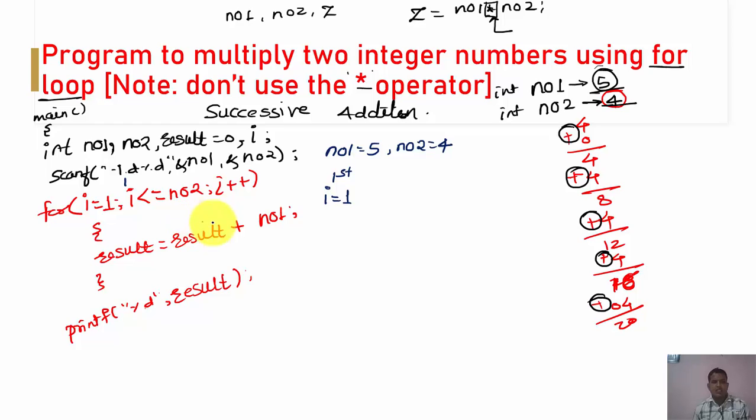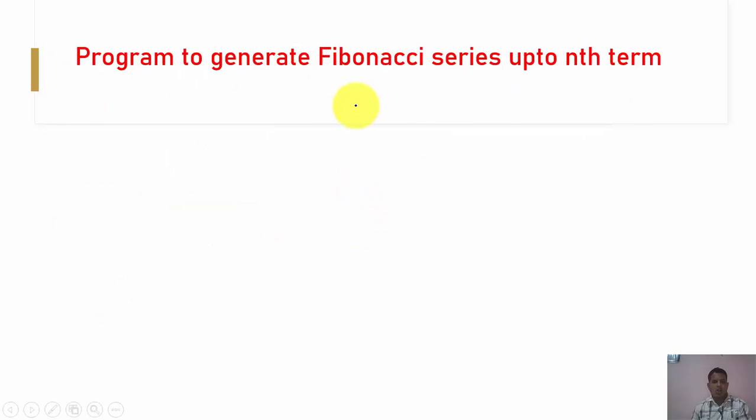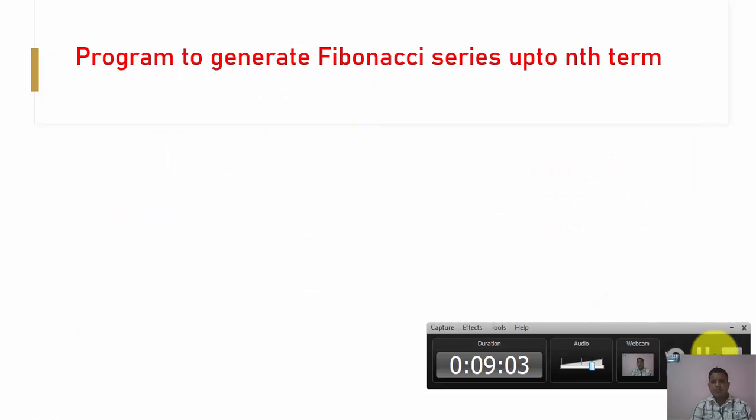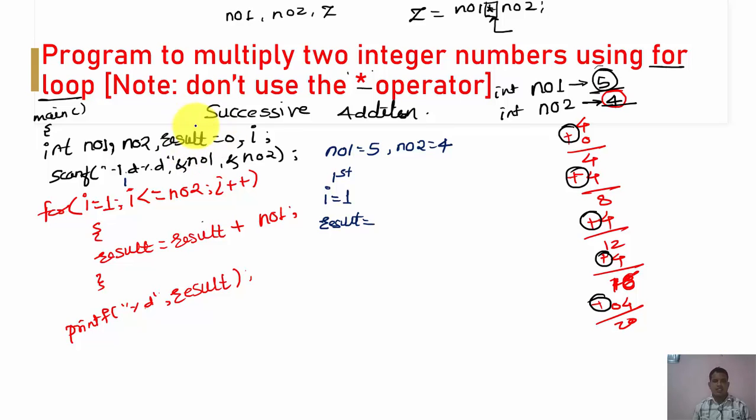So now result is equal to, and to define this result I am writing it this way: result is equal to this 0, that is the initial value, plus 5. So after the first iteration the result value is 5. Now the value of I is incremented by 1.